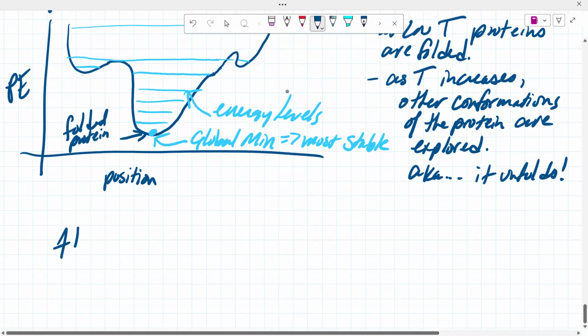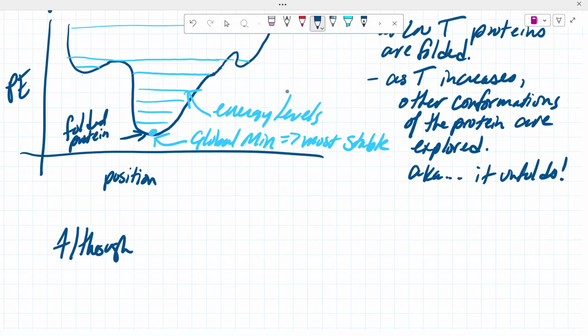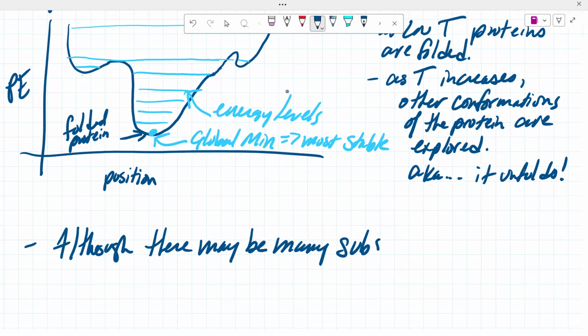Although there may be many states, many substates, they're not all accessible at all temperatures.